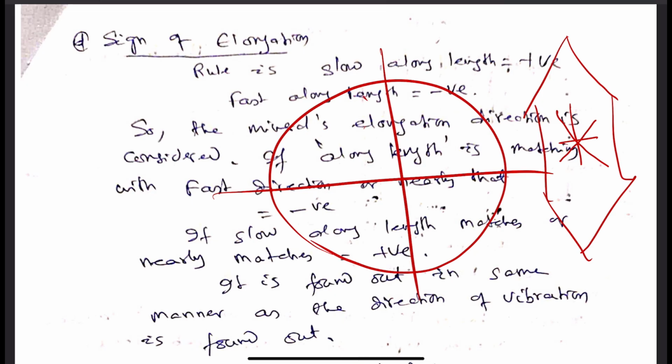So our objective is, first we keep the mineral in the position of extinction. So extinction will take place in this position. It is rotated 45 degrees.